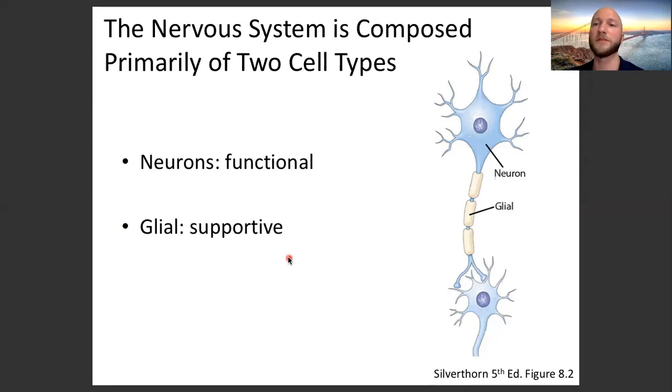There's different types of glial cells, but these glial cells are the supportive cells. Their job is to keep the neurons happy. Their job is to assist the neurons in doing what the neurons do. And glial cells are very, very important. Also, there are many disease processes that arise from issues with glial cells. So they're very important also in healthcare.